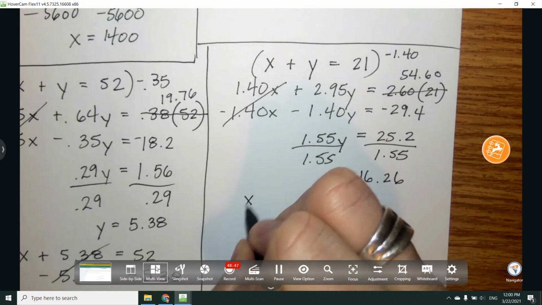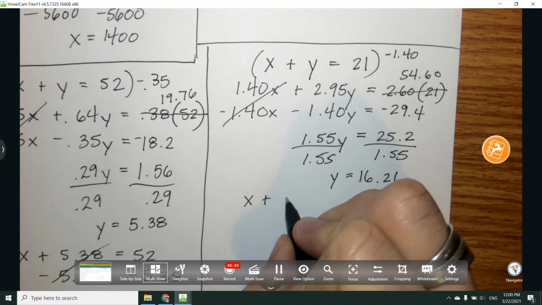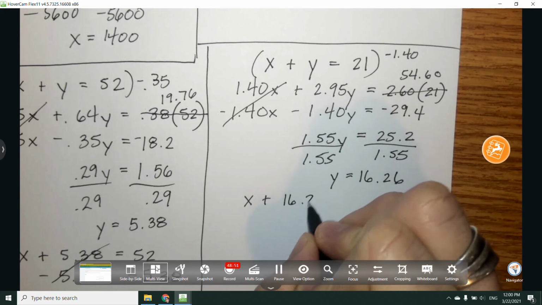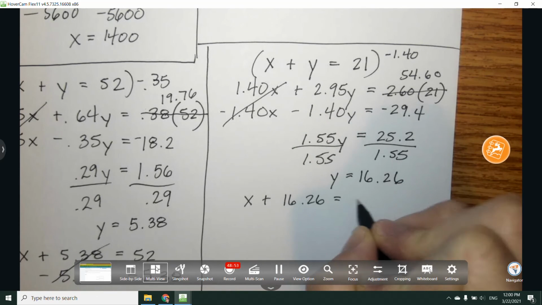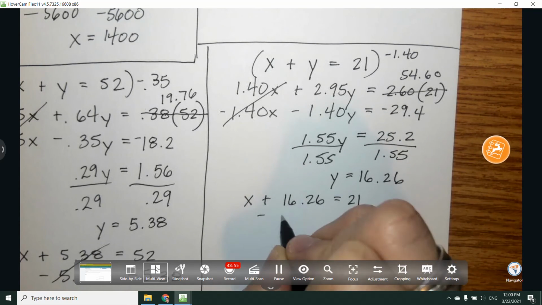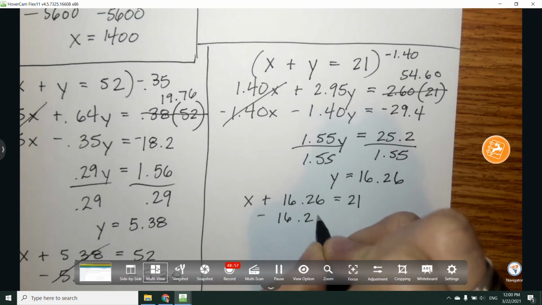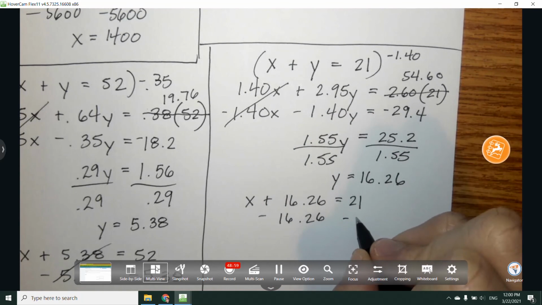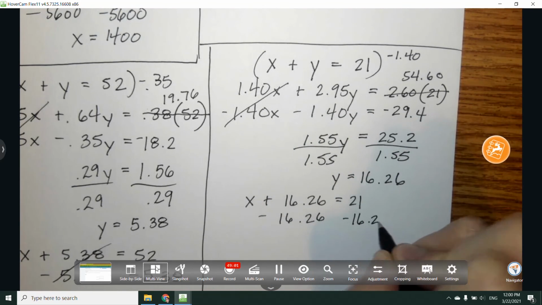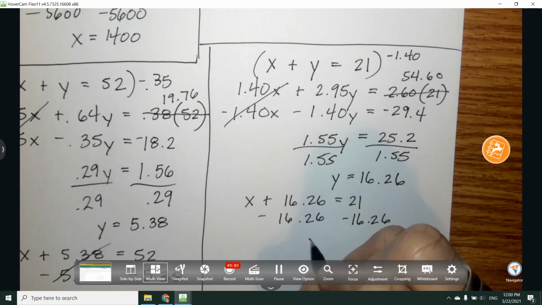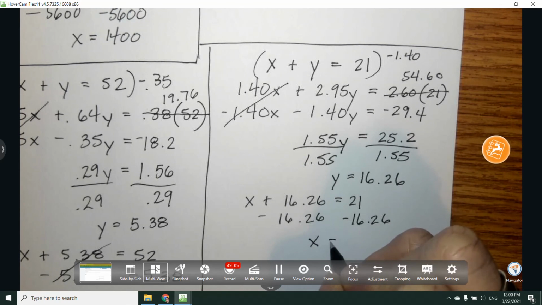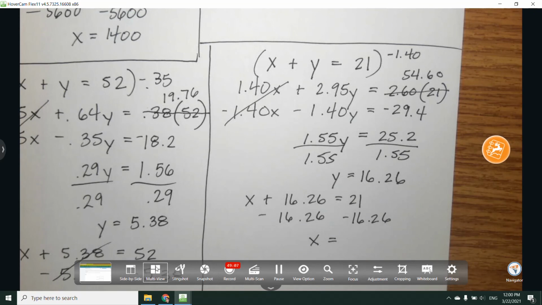So we get x plus our y is 16.26. And this equals this 21. So then we'll just subtract 16.26 on each side. And find out how many pounds of the $1.40 coffee we have. And that's 4.74.